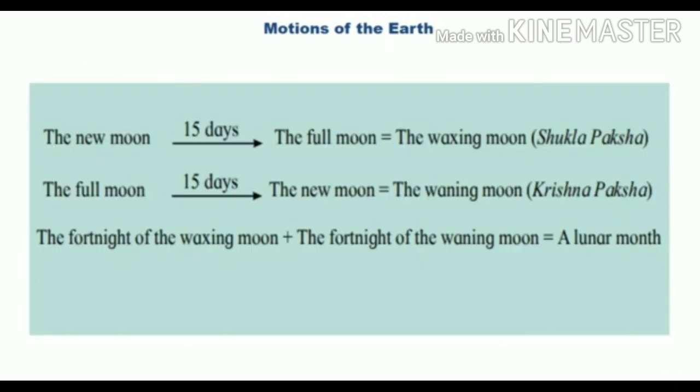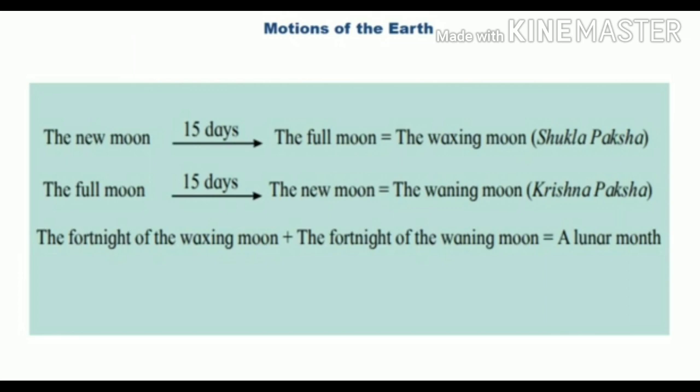Now, let's try to understand this again. The period from the new moon to the full moon is of 15 days, and this is called the waxing moon. According to the Indian calendar, it is also known as Shukla Paksha in India.